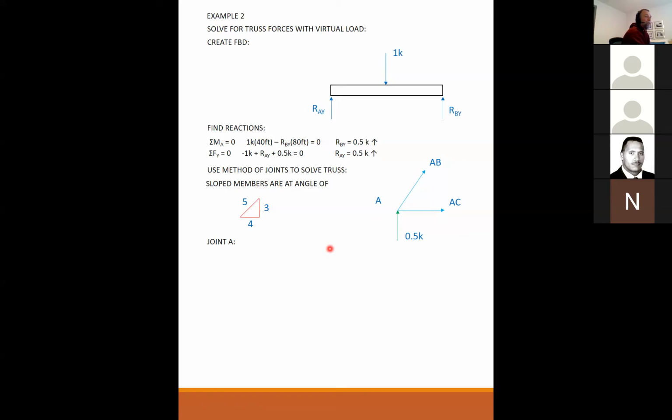The one I want to solve first, if you think about this, AB has a component in the Y direction, but it also has a component in the X direction. AC also has a component in the X direction, but not in the Y. So I'm going to start by summing forces in the Y direction because I only have one unknown in the Y direction.